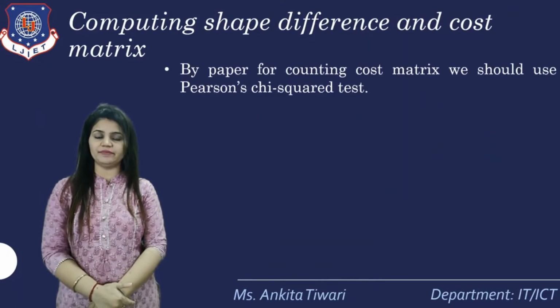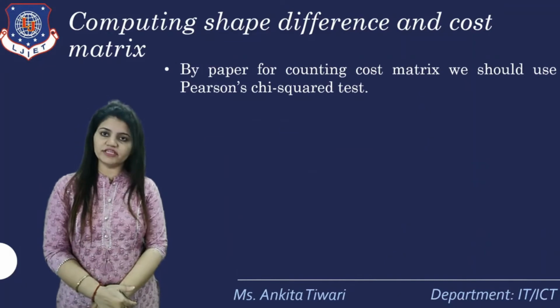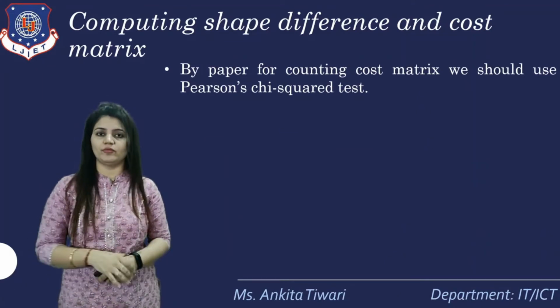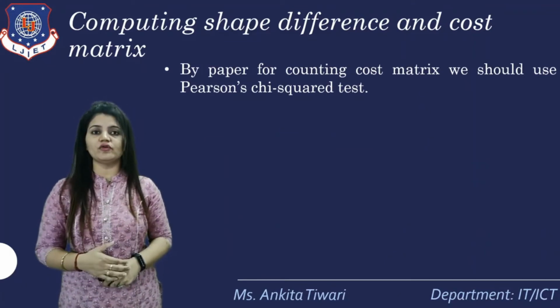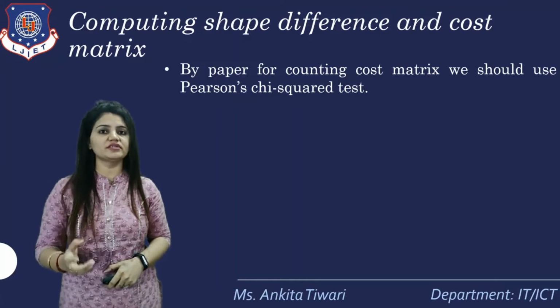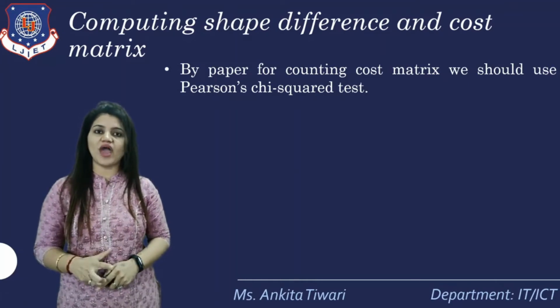Now computing the shape difference and cost matrix. With respect to that, we have a particular formula. By the paper, for computing the cost matrix, we should use Pearson's chi-squared test.